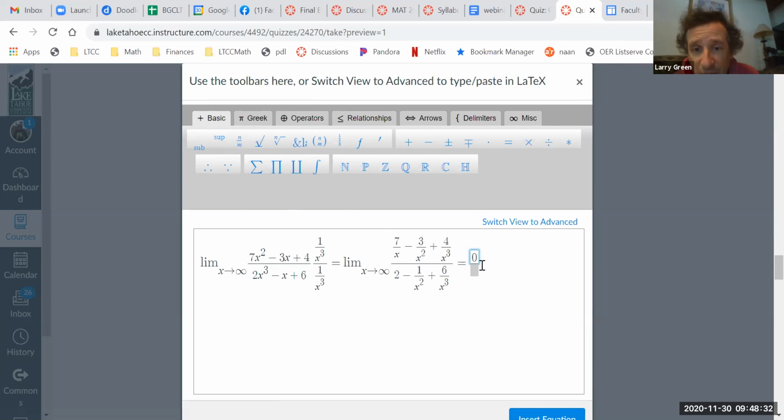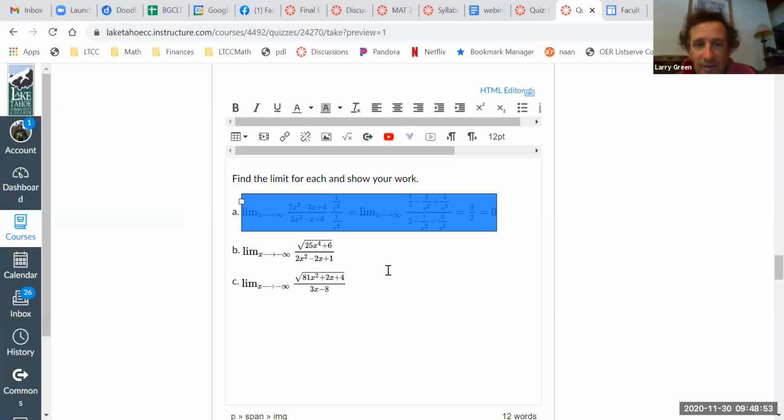The denominator is 2 minus 0 plus 0. That's 2. So what's 0 divided by 2? 0. Okay, that's all there was to that one. That was probably the easiest of the group.